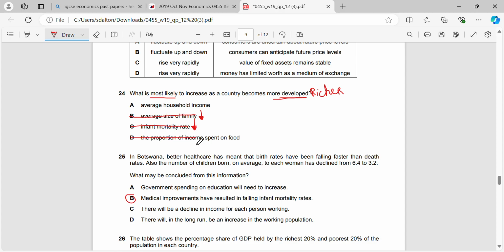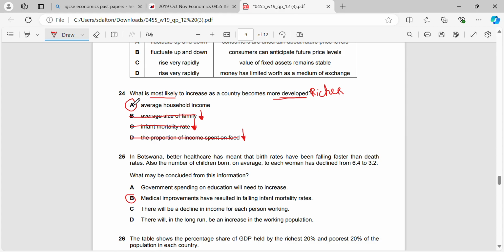And the proportion of income spent on food will also come down. Remember, the proportion of income that we spend on food is linked to the level of income that we have. The poorer a country is, the higher the percentage of income they spend on food, which is a necessity. Whereas the more developed or richer a country is, the smaller the percentage of income that they'll spend on food.